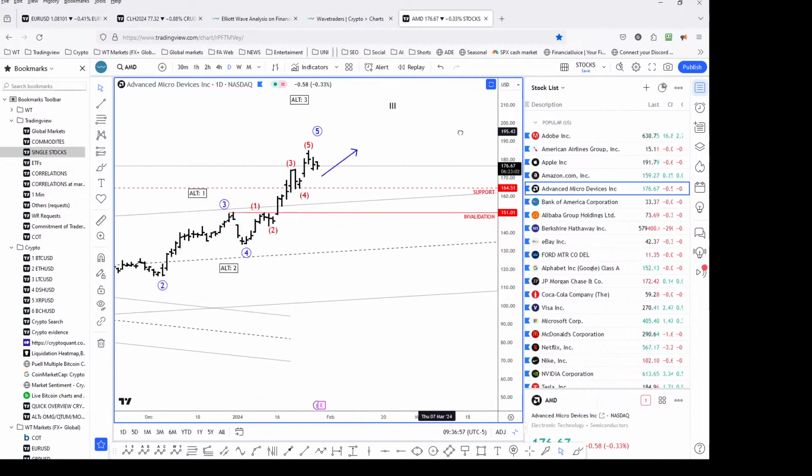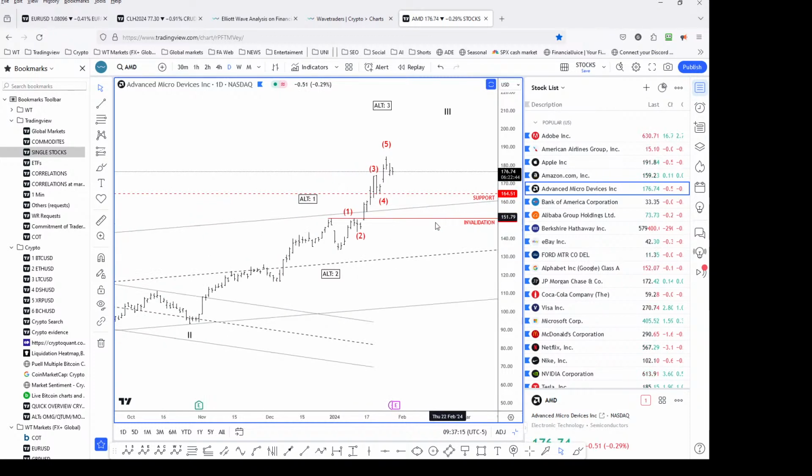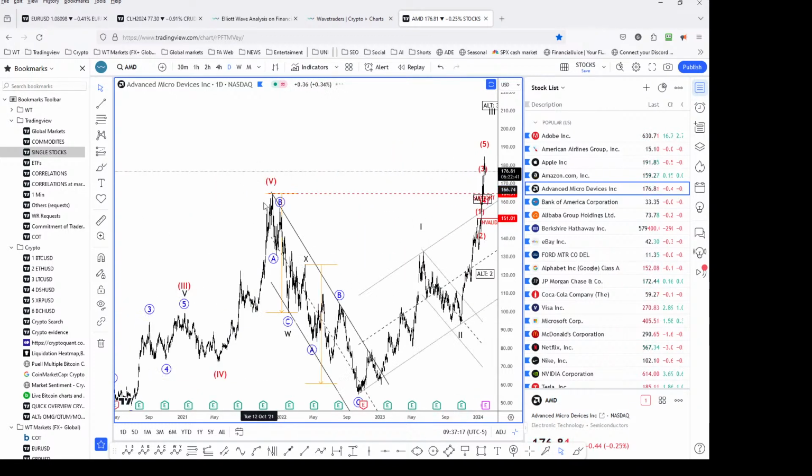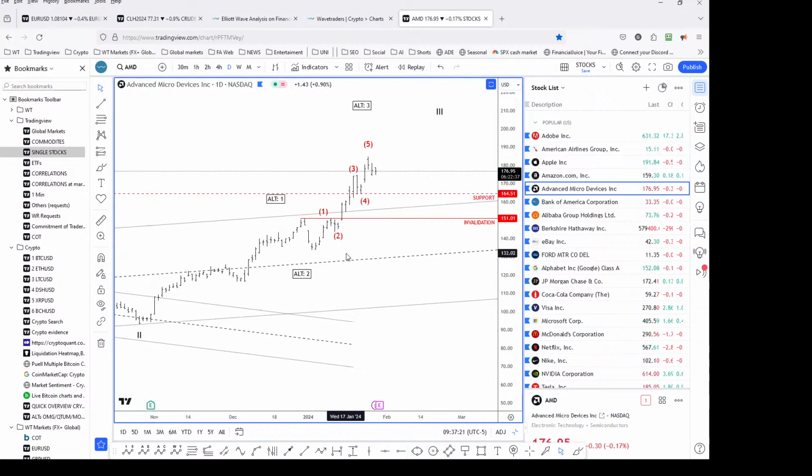But notice that from that low, which goes back to the start of January, we have these 5 waves up. So try to ignore the big letters here. Whenever you have 5 waves up, you would expect that the market will consolidate. So I think that there can be a deeper support. Also watch out for this support at 164. This goes back to the previous swing high here. So I think that this one will be a very important test for AMD.